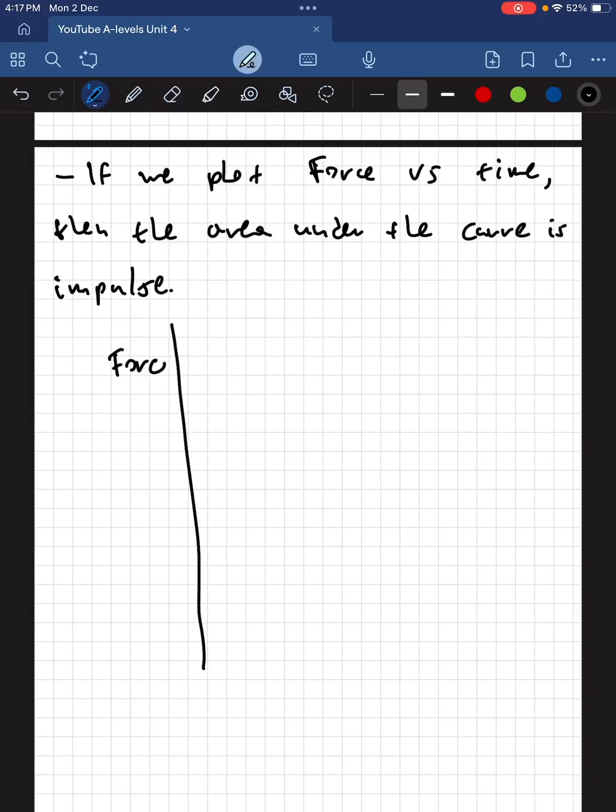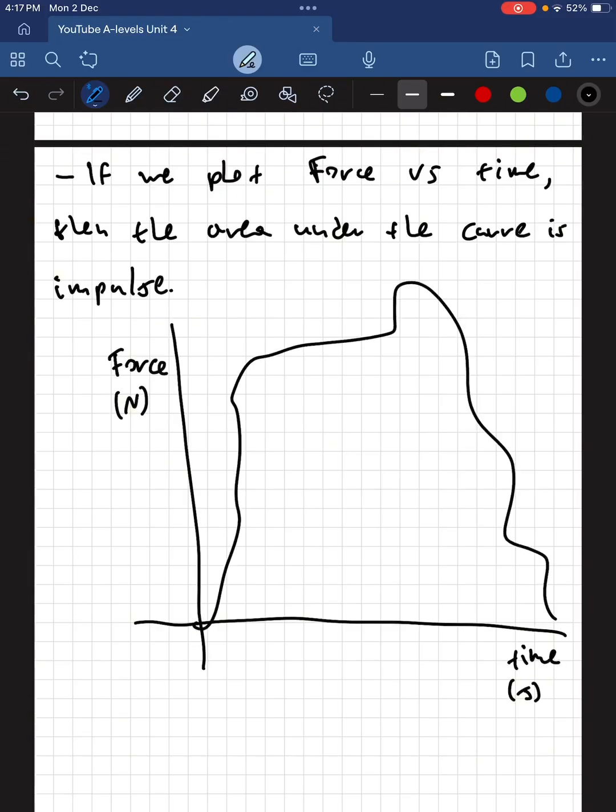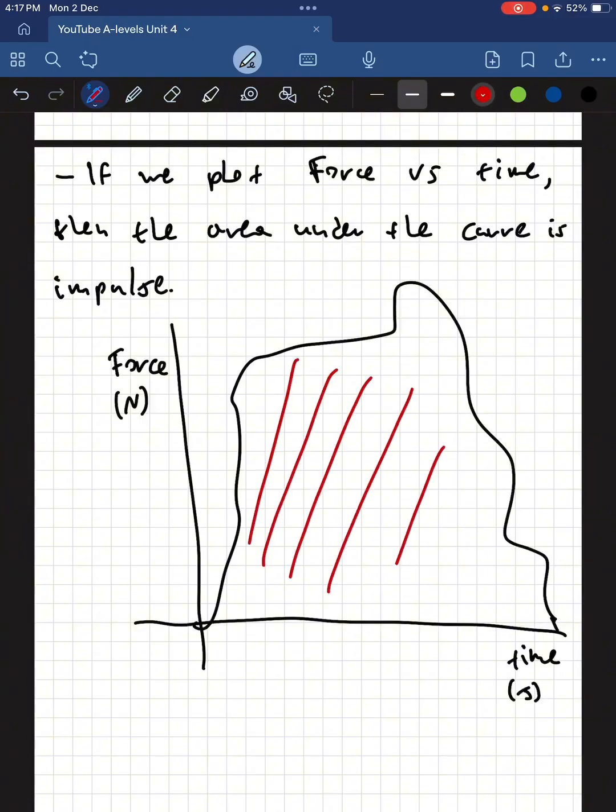So if this is the force in newtons and this is time in seconds, and let's say that the force has some weird shape like this, then this area under the curve is impulse.